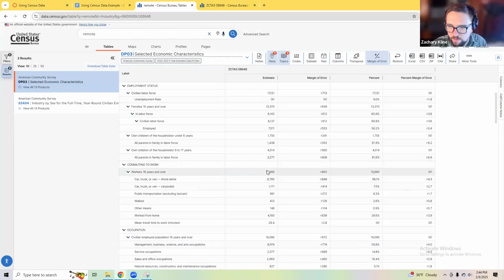So there are a total of 1,560 workers who... Why is this different? For folks who are under the age of 16, I suppose, is that difference.